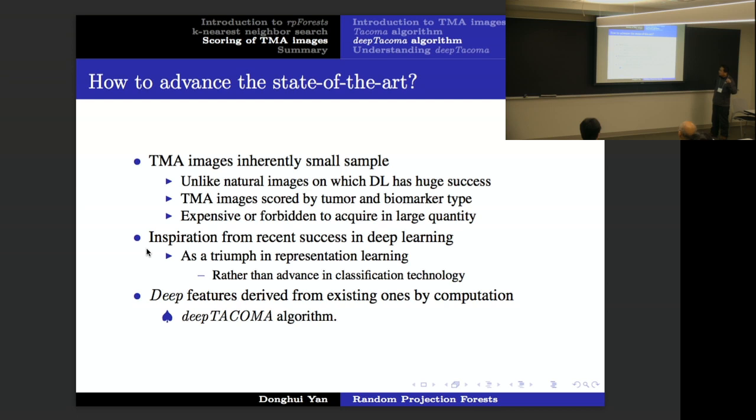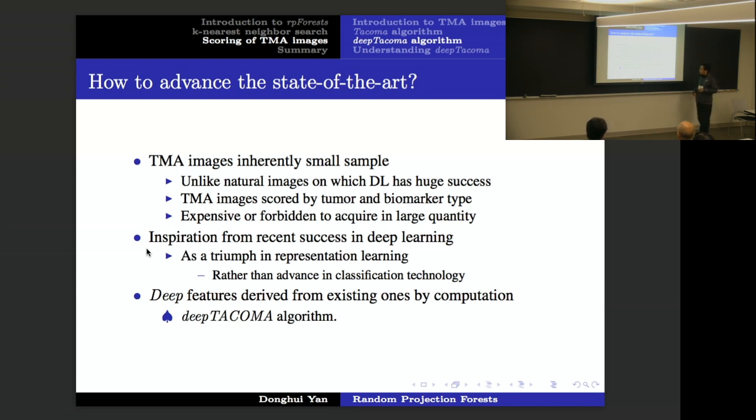Then we took some inspiration from deep learning. For example, we wondered if it's possible to discover some representations that are not obvious to humans, but that you can discover by computation. We found out it's possible, and we call that algorithm Deep Takuma. The algorithm works as follows.